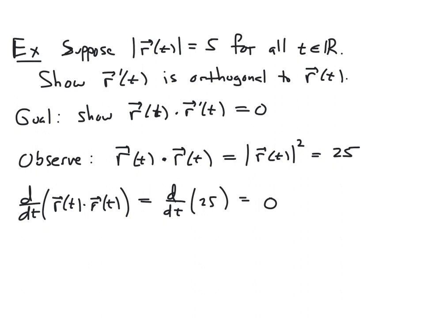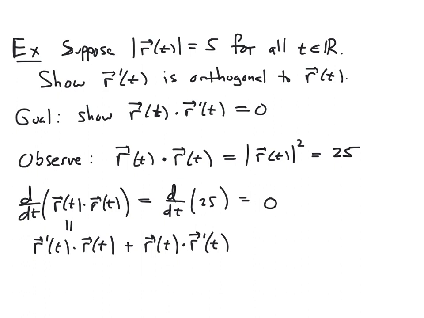However, we can also compute this d/dt of r dot r using the derivative product rule for dot products that we just wrote down, which says that this is r prime of t dot r of t plus r of t dot r prime of t.